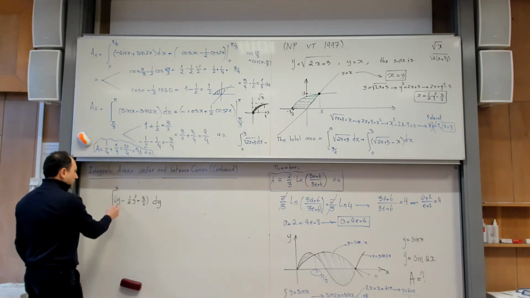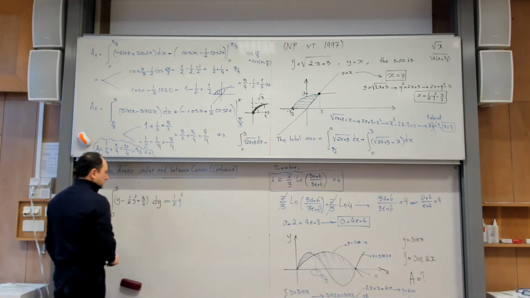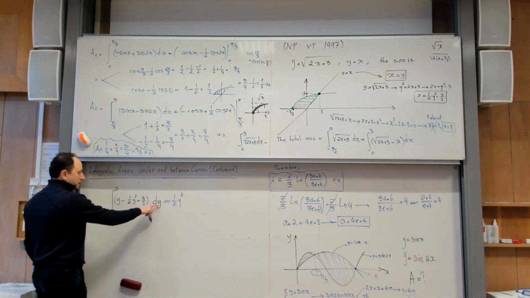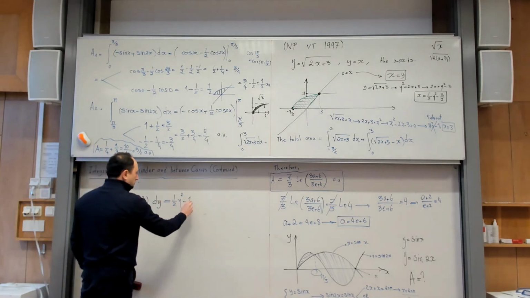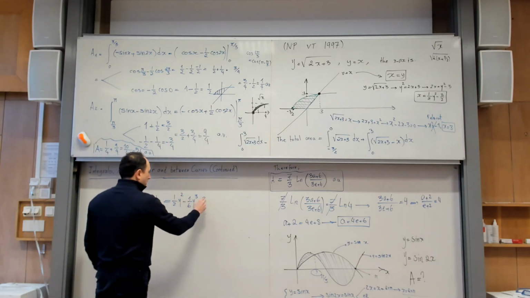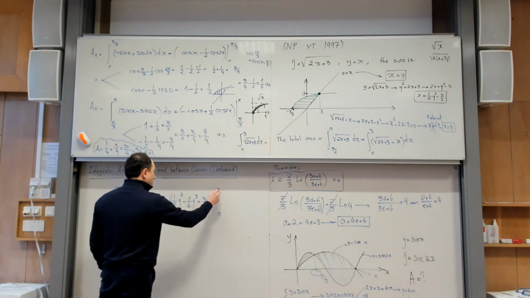So a primitive function for y is what? Is 1/2 y squared. A primitive function for y squared. Am I allowed to do this? Yes, because my variable is y. A primitive function is 1/3 y cubed, so it becomes minus 1/6 y to the third, and then I have 3/2 y. And then I have to calculate this from 0 to 3.